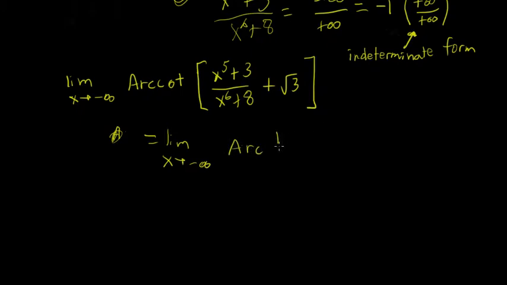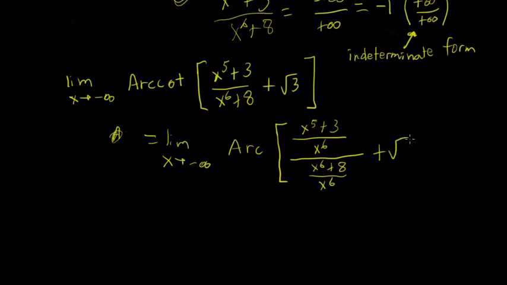We're still working inside of this arc cotangent, but we are going to be multiplying this by a special version of 1, x to the 6th over x to the 6th. So we will divide both numerator and denominator by x to the 6th. I'm only doing that to this expression, so I'm multiplying it by a carefully chosen version of 1.